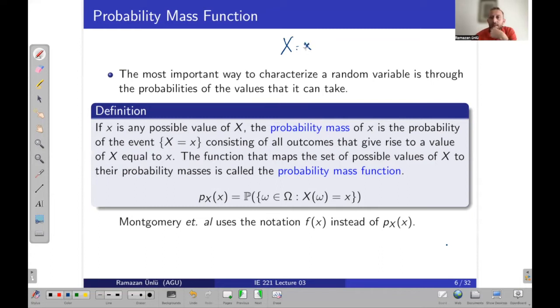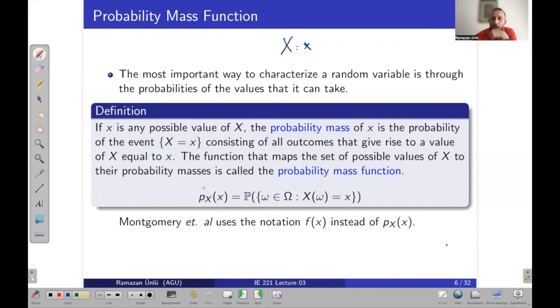And the same number will be associated with all of these different outcomes. The function that maps the set of all possible values of x to their probability masses is called the probability mass function.